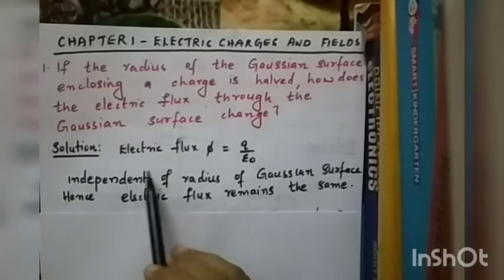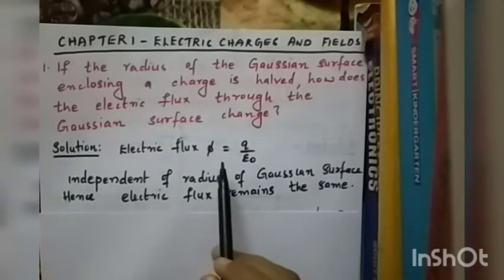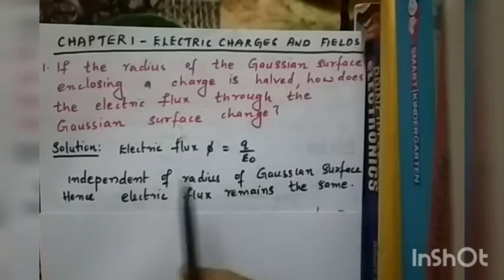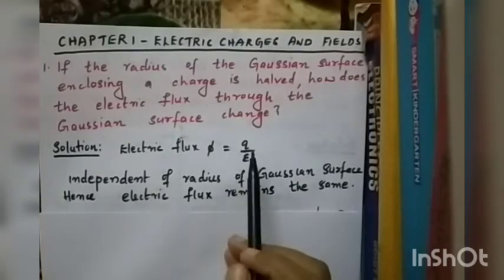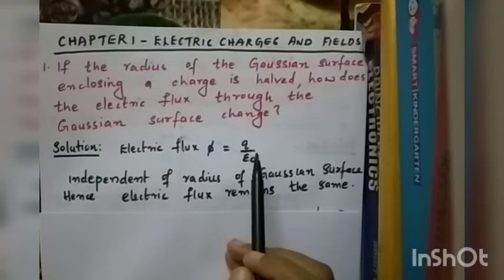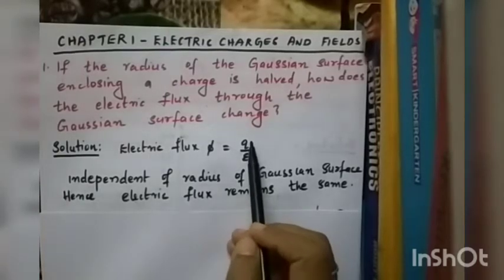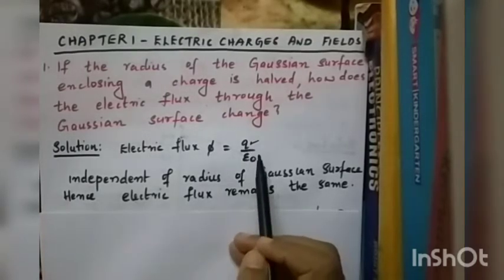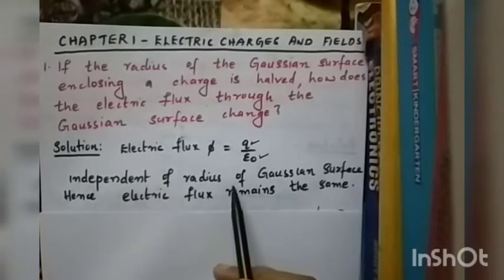So we know the equation for electric flux: phi is equal to Q by epsilon naught. And flux does not depend upon the radius of the Gaussian surface. It depends only on the net charge enclosed and epsilon naught, which is the permittivity of free space.